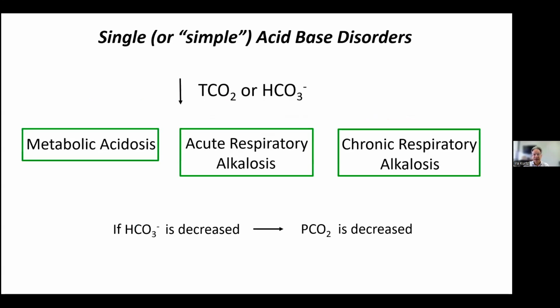So just again to recap, when you're assessing the question of whether a patient has an acid-base disorder or not, you don't look at the pH. What you look at is either the total CO2 from the comprehensive metabolic panel, or you look at the calculated bicarbonate from the blood gases.